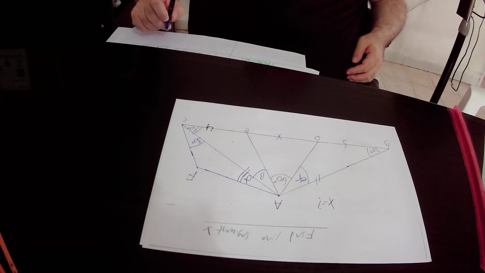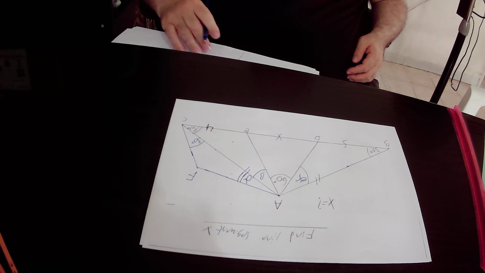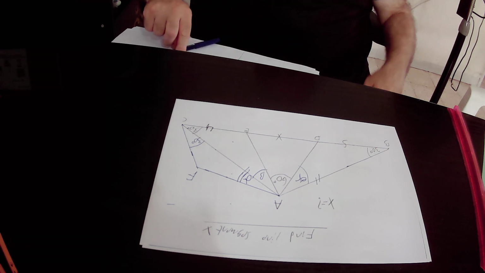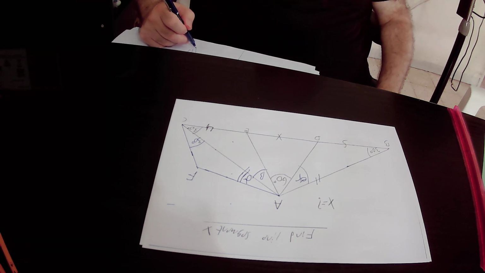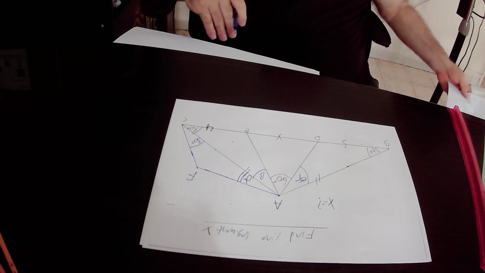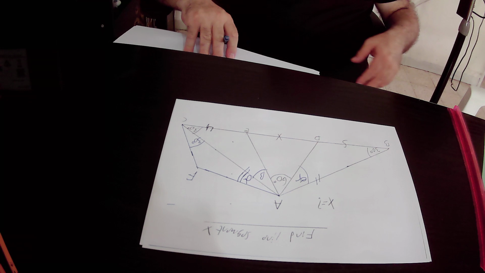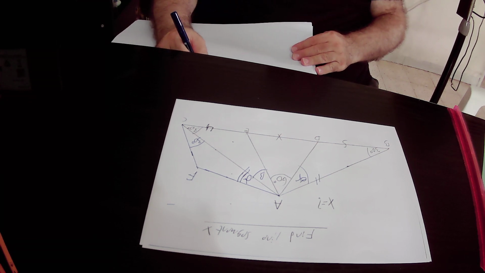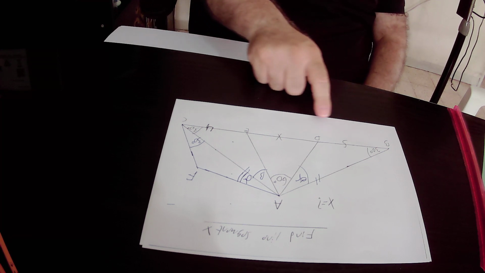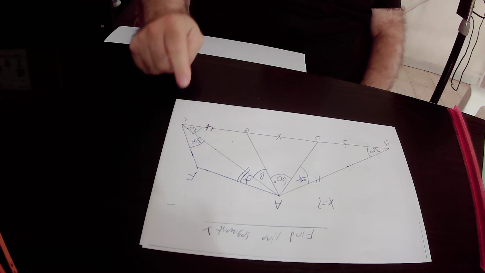And from the fact that those two triangles can go into each other, we will derive two things. First of all, that side BD equals side FC.